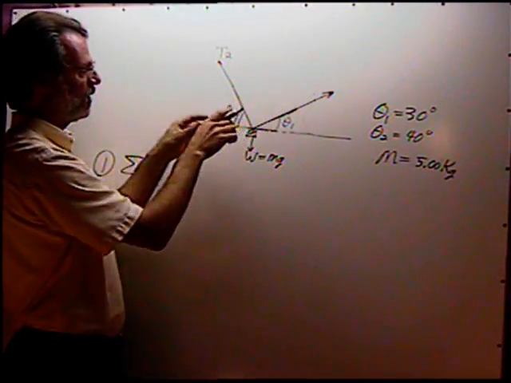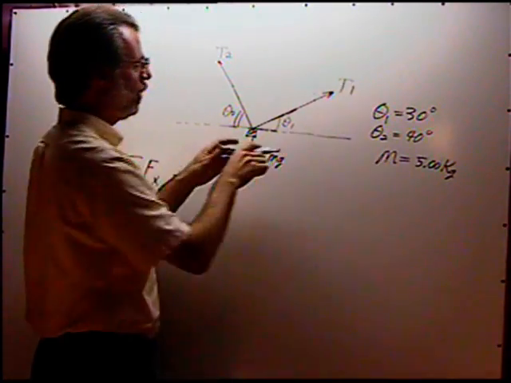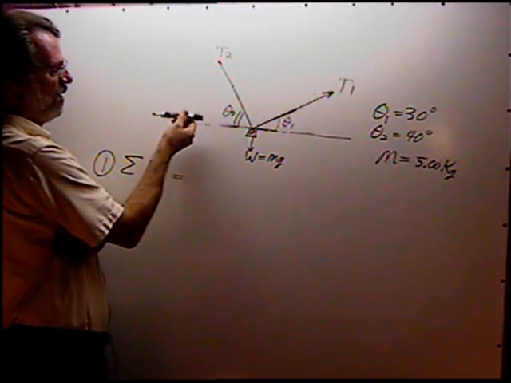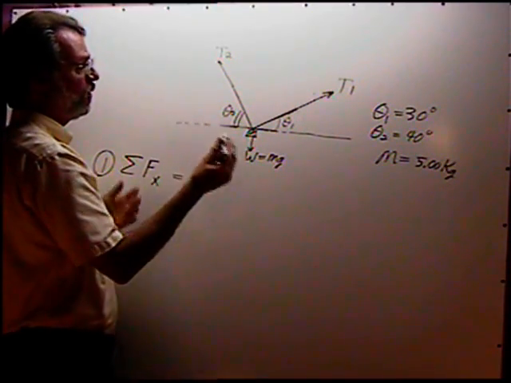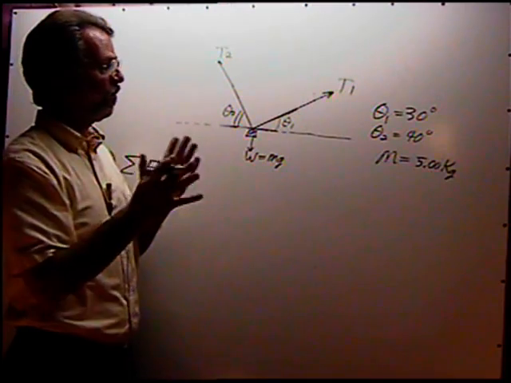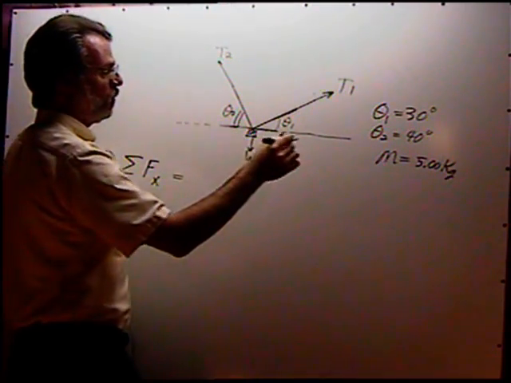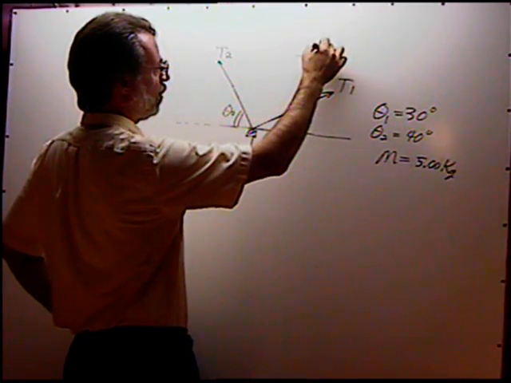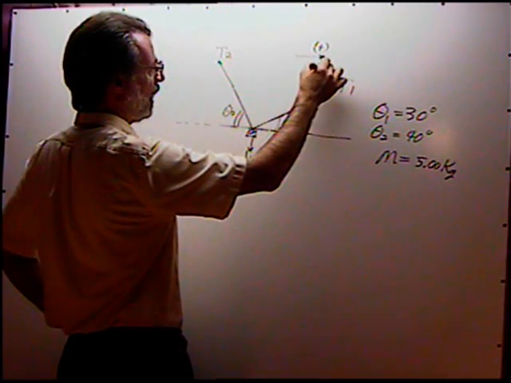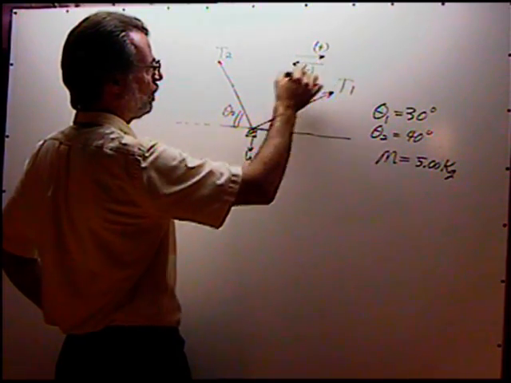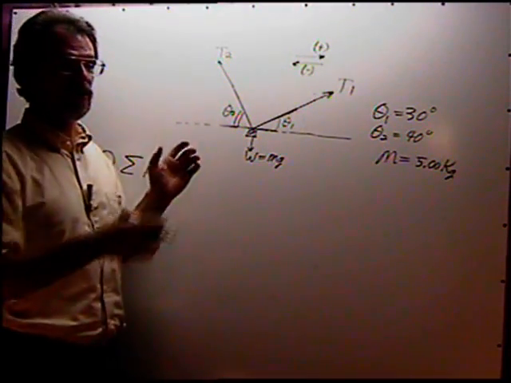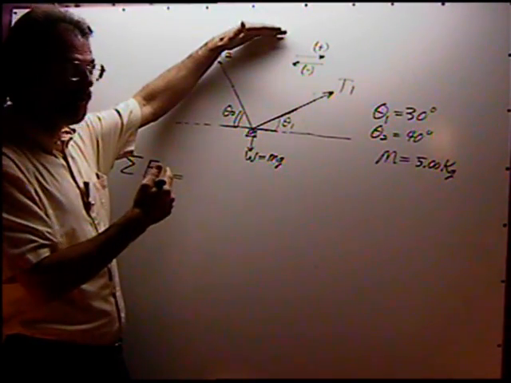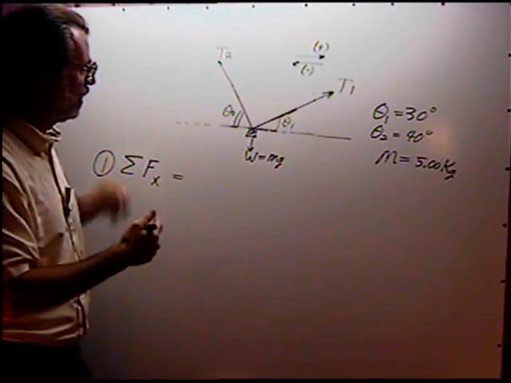Notice that there is a component of T1 acting this direction, and a component of T2 acting this direction. As always, I'm going to say that all the forces acting to the right are plus, and all the forces acting to the left are minus. That's just by convention. We could certainly flip that around, but we'll use that convention right now.